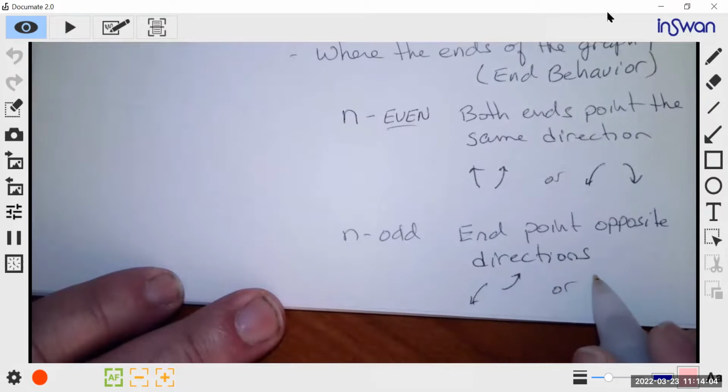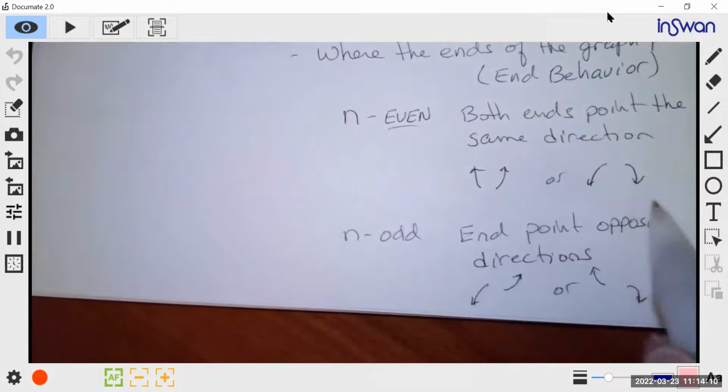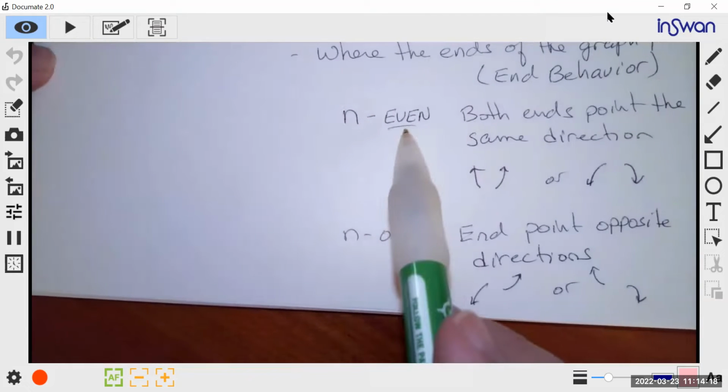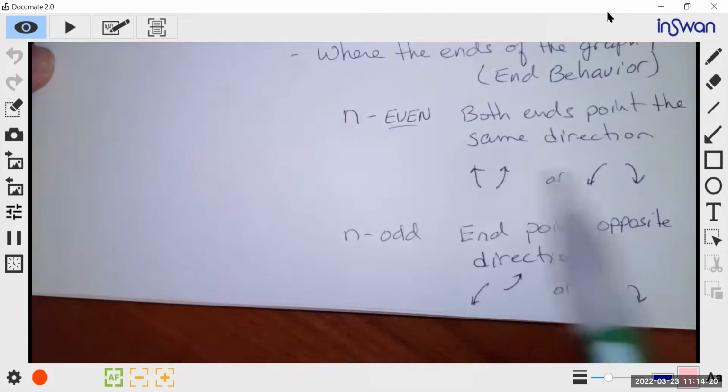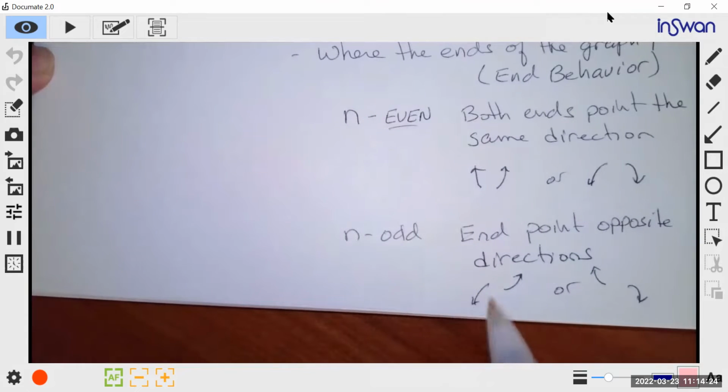Like that, or like that. You notice I'm leaving a blank in the middle here because that's another thing that the degree tells us. But we're now on end behavior. If the degree is even, we know both ends point the same direction, either up or down. If it's odd, one end points down, one end points up.